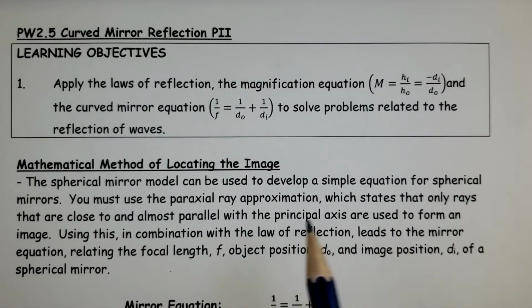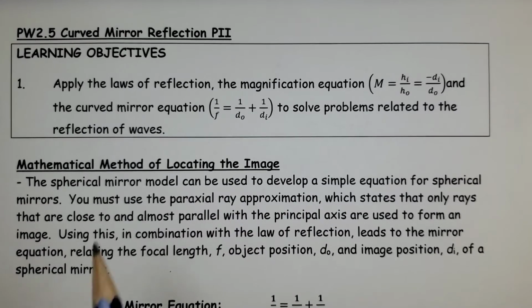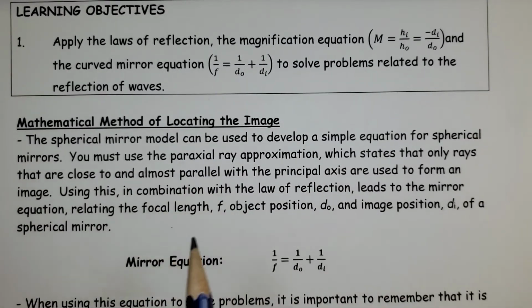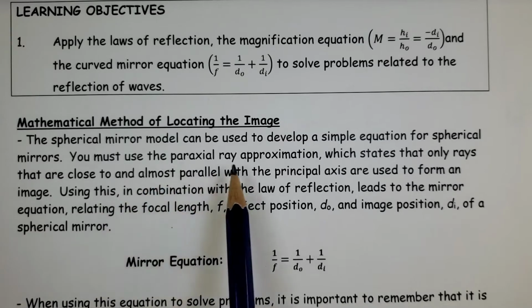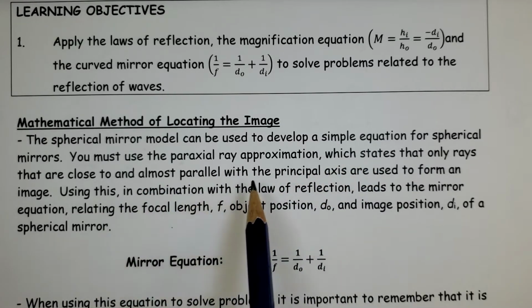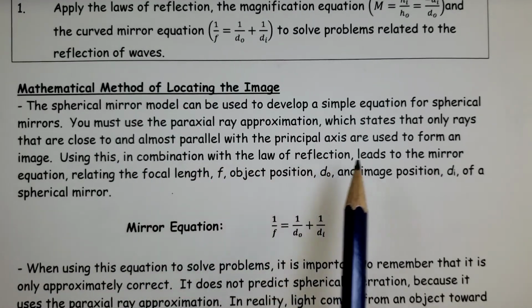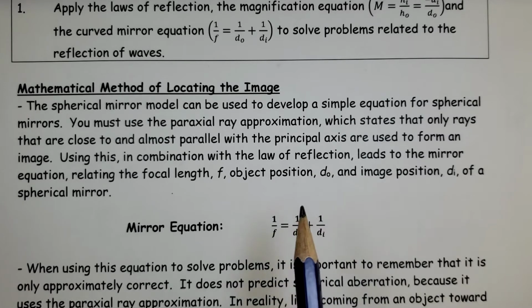I'm not going to go over the derivation of that, but we are going to use and apply them. For the mathematical method of locating the image, the spherical mirror model can be used to develop a simple equation for spherical mirrors. You must use the paraxial ray method, which states that only rays that are close to and almost parallel to the principal axis are used to form an image.